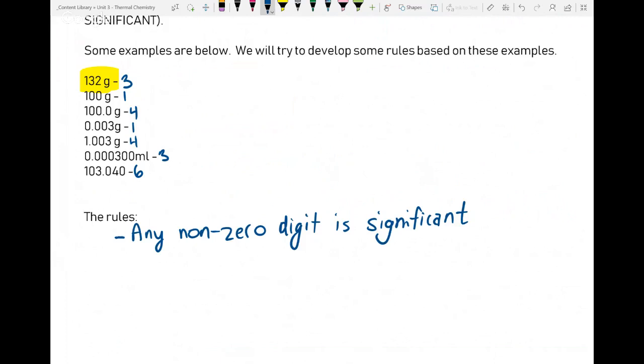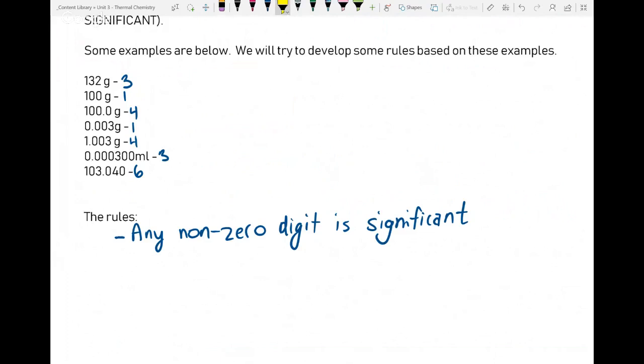You actually had to look at a piece of equipment to get each of those digits. The 1 is the number in the hundreds column, the 3 is the number in the tens column, the 2 is the number in the ones column, and they all had to be measured off of some kind of device. So those are all significant. And you never have to worry. If a number isn't 0, it is significant.